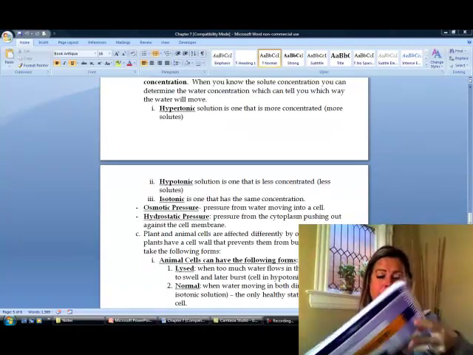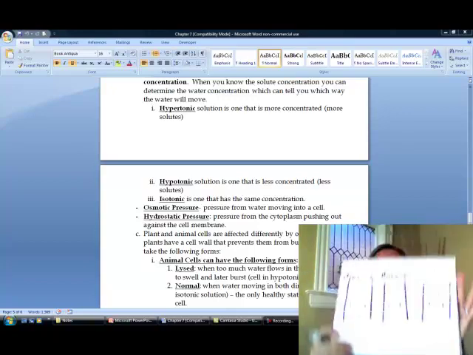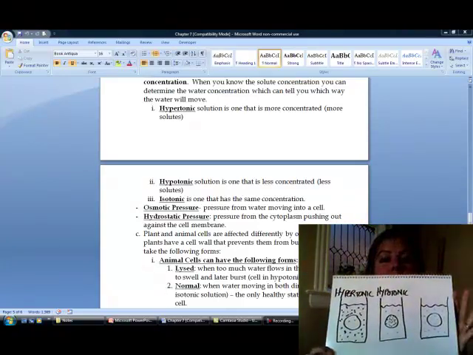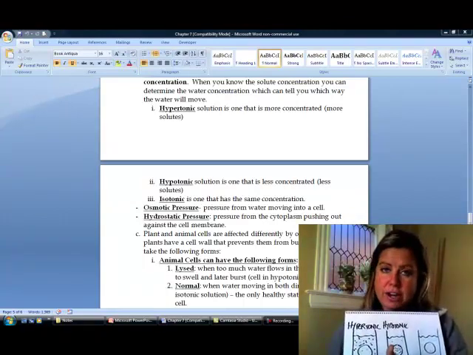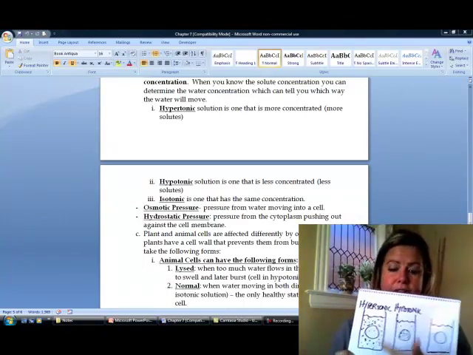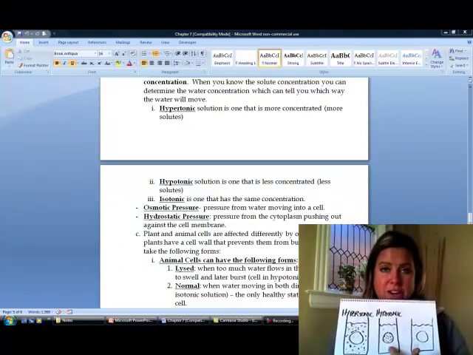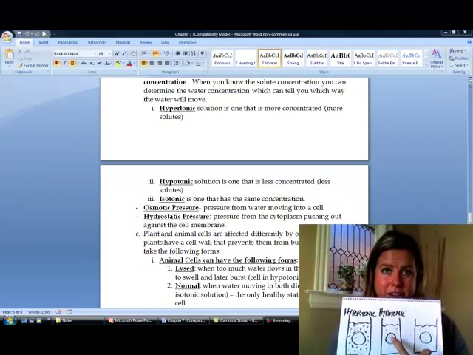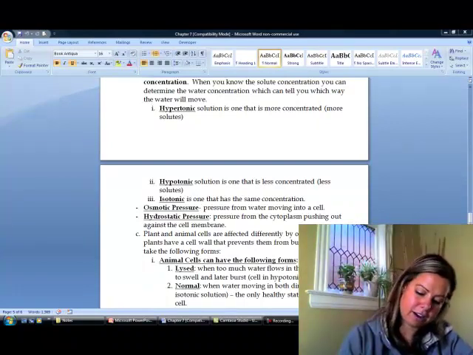Now the second one is going to be the opposite. So we're going to call it hypotonic. Okay, so you've got hypertonic in this first one because the solution has more solutes than the cell. Hypotonic in this one because the solution has less solutes than the cell. And then this one where it's equal is isotonic.